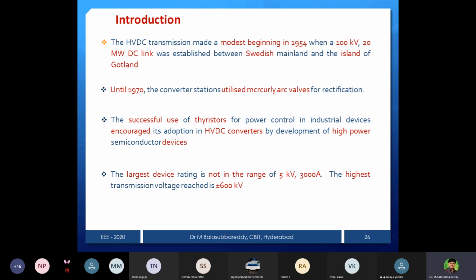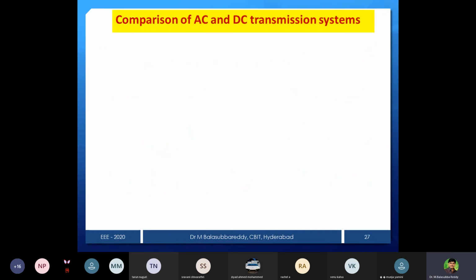The large devices are now in the range of 5 kV and 3000 ampere. The highest transmission voltage reached was plus or minus 600 kV, but now even plus or minus 800 kV lines are available. That is the brief introduction about the first unit.